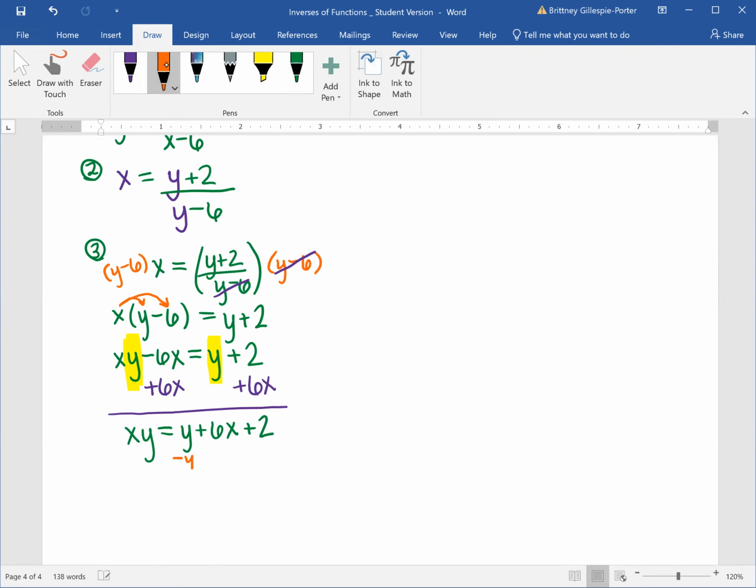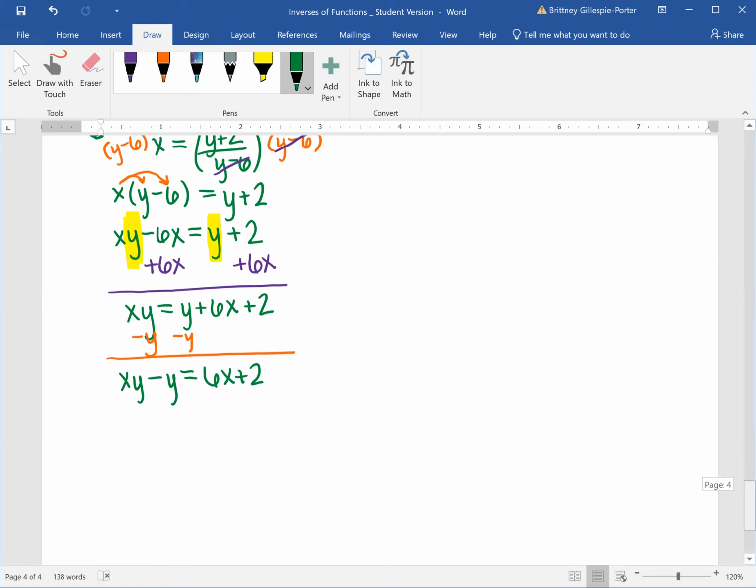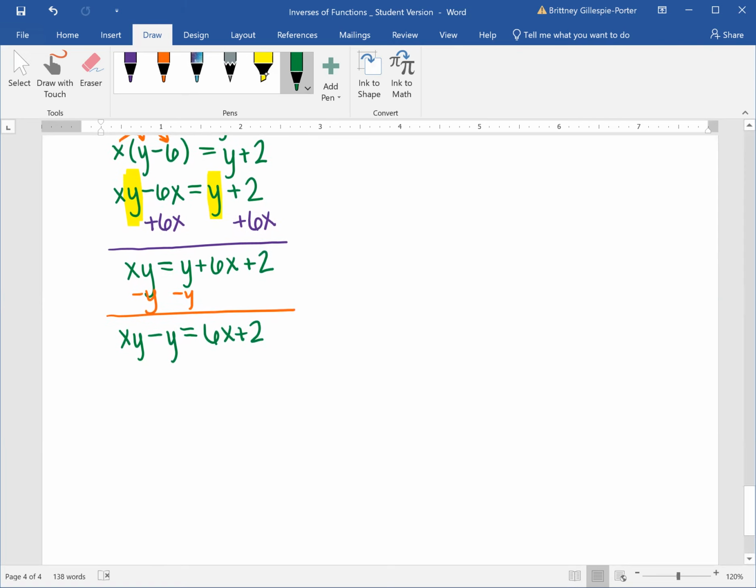And I need to subtract y from both sides, but I cannot combine the xy with the negative y. What I can do is notice that we have y in both terms on the left-hand side, which means I can factor out a y.